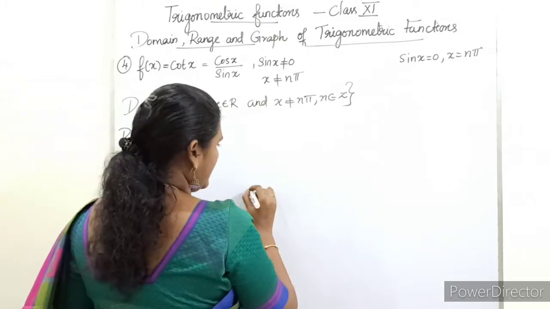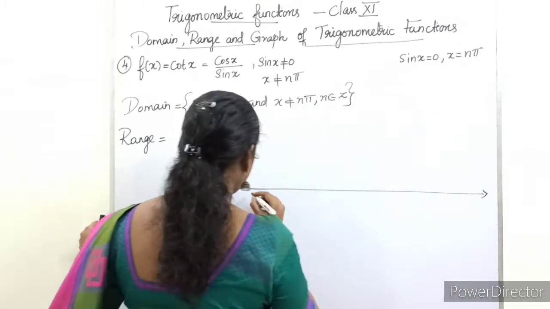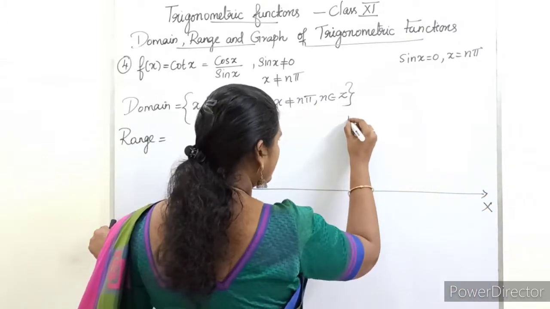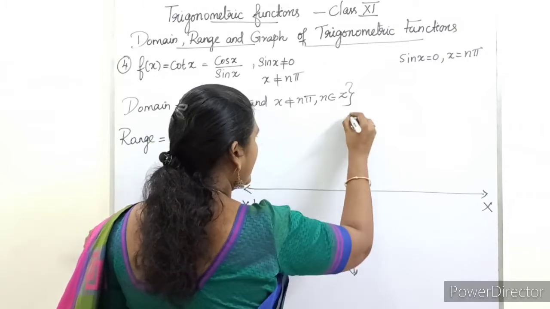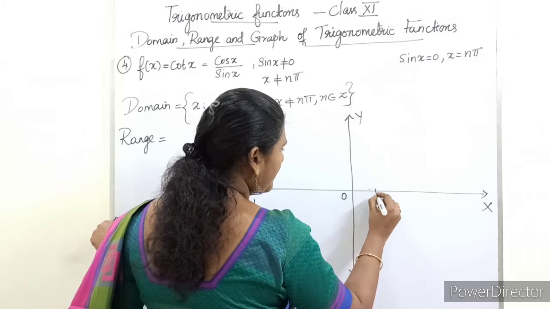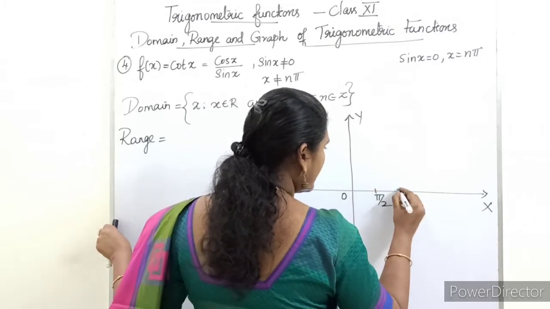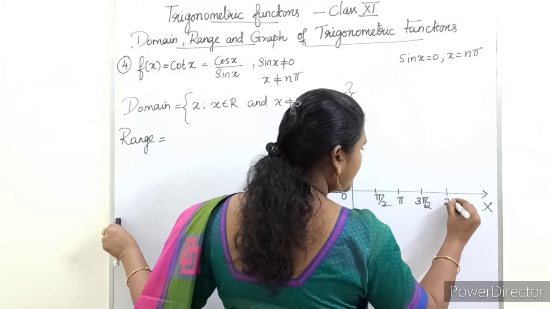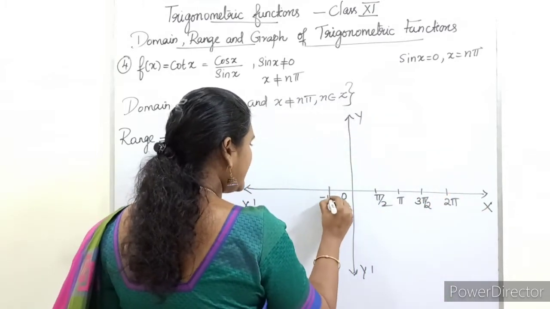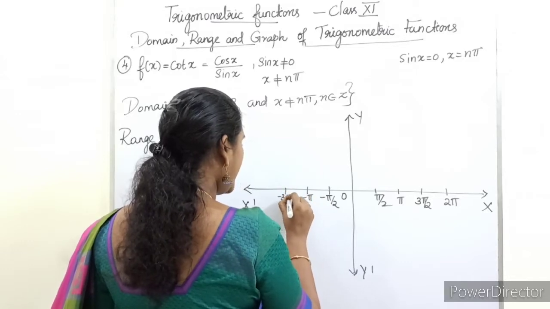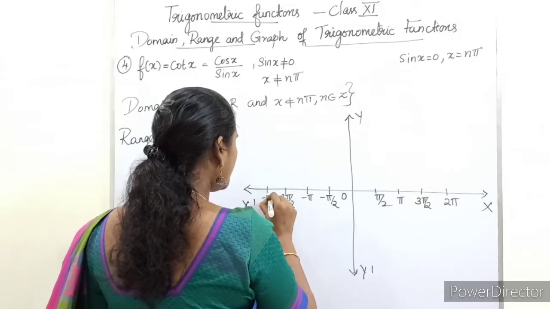So this is x dash, here we will have y dash. 0, pi by 2, pi, 3 pi by 2, 2 pi, and here we will have minus pi by 2, minus pi, minus 3 pi by 2, minus 2 pi.